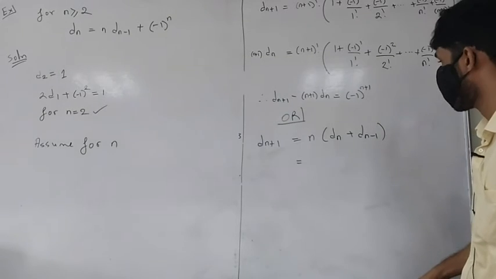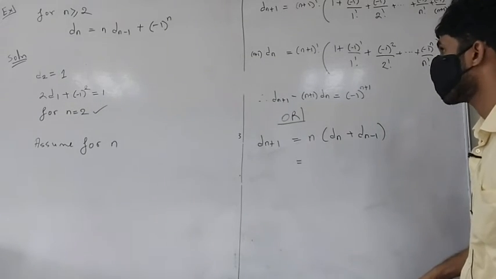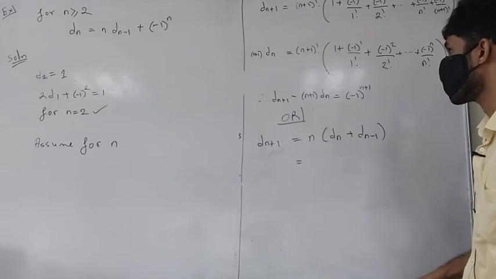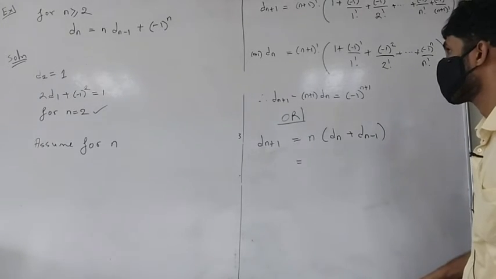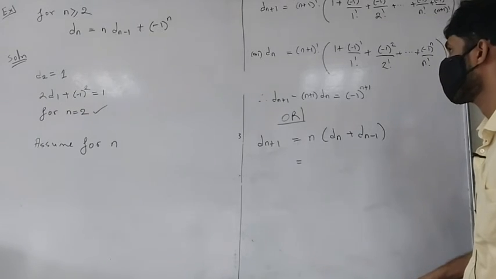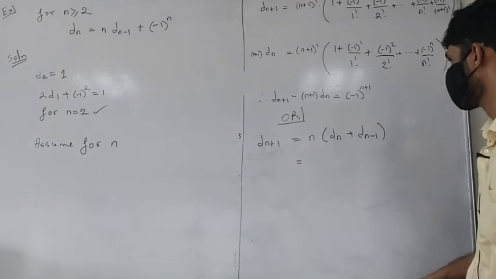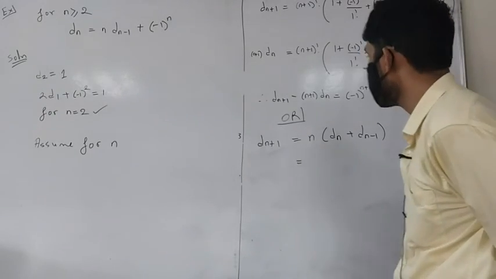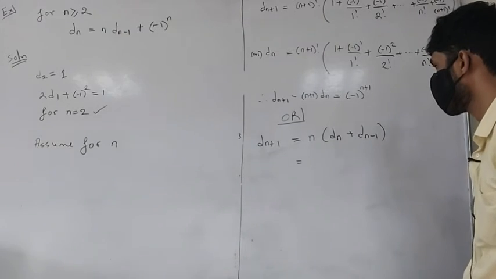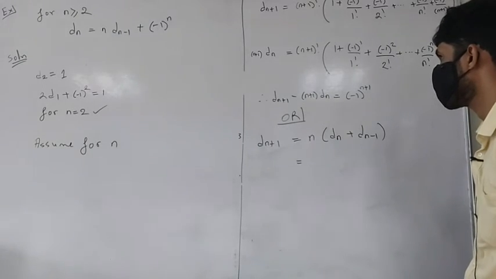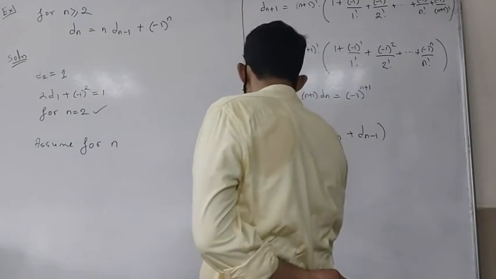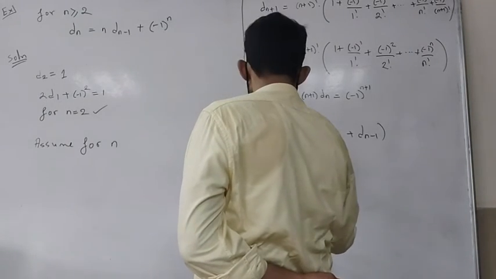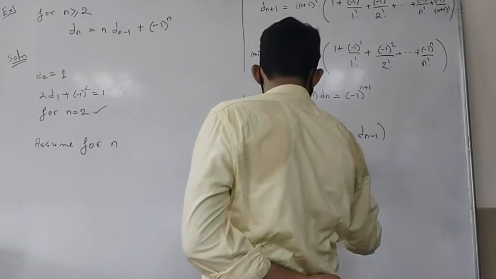So what happens to dn plus 1 minus n plus 1 times dn?